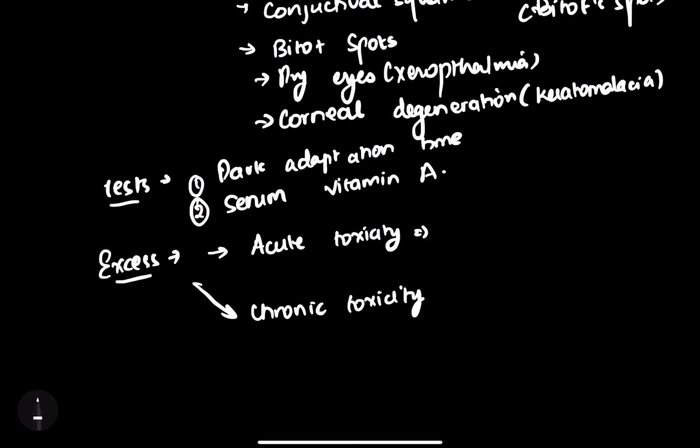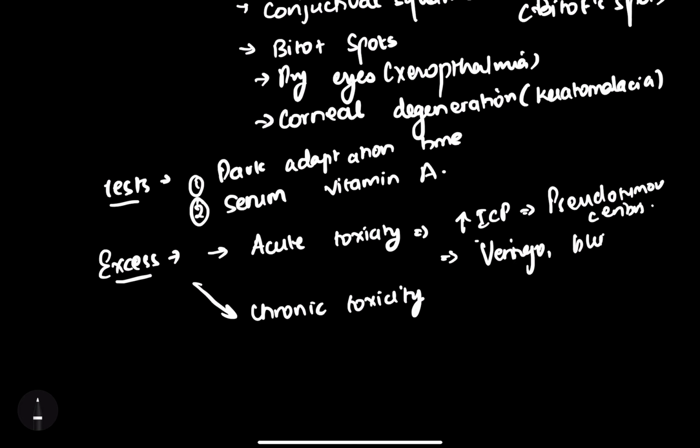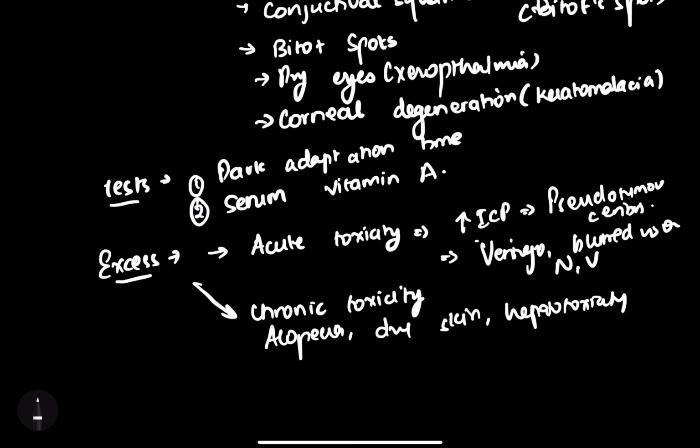In acute toxicity there would be raised intracranial pressure, that is pseudotumor cerebri, where there would be vertigo, blurred vision, nausea and vomiting. In chronic toxicity there would be alopecia, dry skin, hepatotoxicity and raised intracranial pressure.